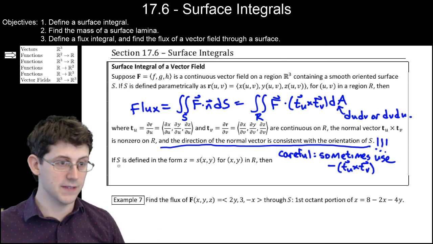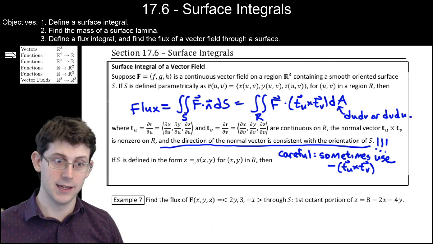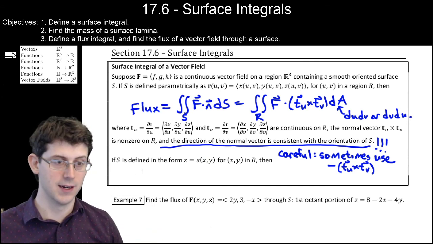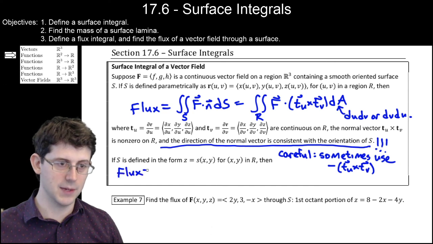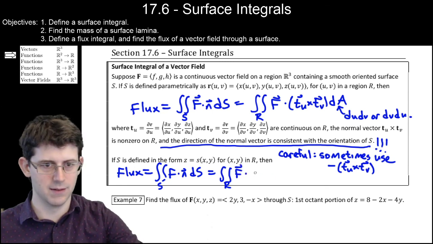Okay, if your surface is defined by an explicit formula, like an explicit function, then this tu cross tv is easier. It's the one that we found before. So I'll write the beginning of it again. Still the flux integral. But now tu cross tv is, what was it?